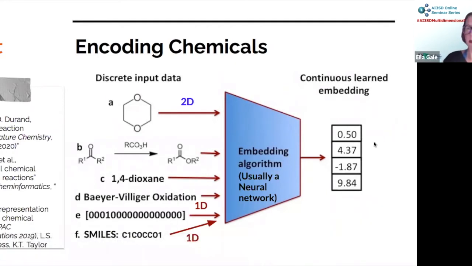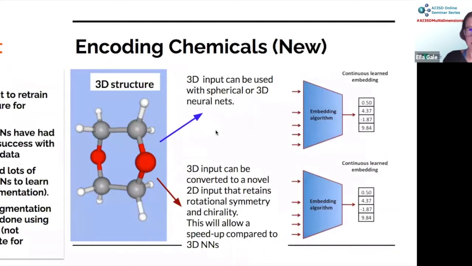But some of the recent stuff I've been thinking about is how to get 3-dimensional data in. So for chemistry, depending on what you're doing, of course, but I think for trying to predict new drug targets or pay attention to chirality in terms of retrosynthesis, we really need to keep chirality.